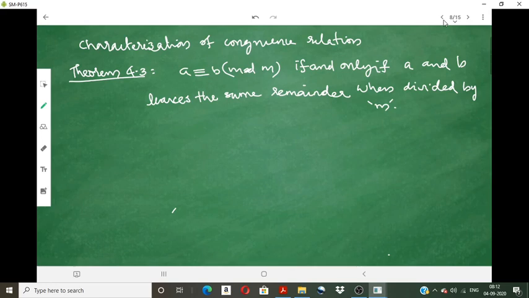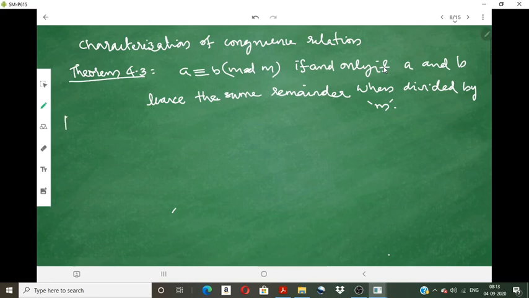So now we are saying that A is congruent to B modulo M if and only if both A and B leave the same remainder when divided by M. So all these definitions are quite similar.